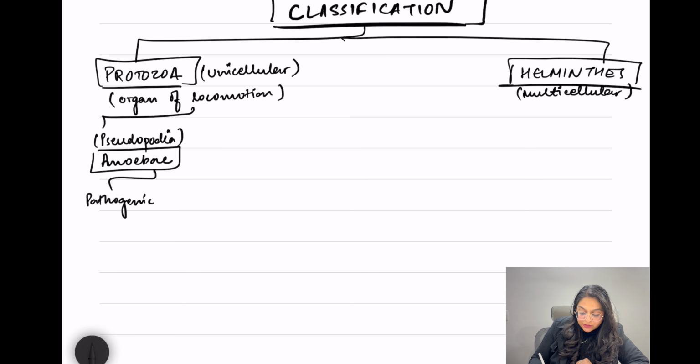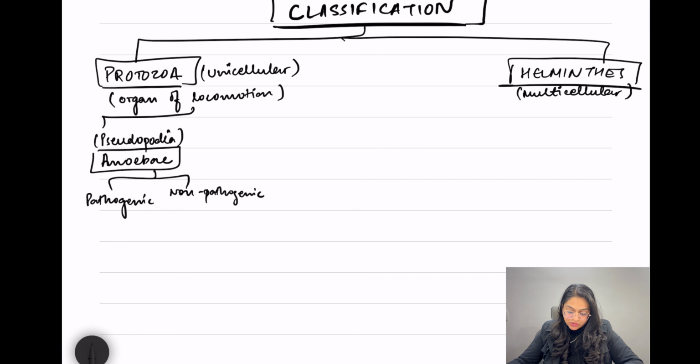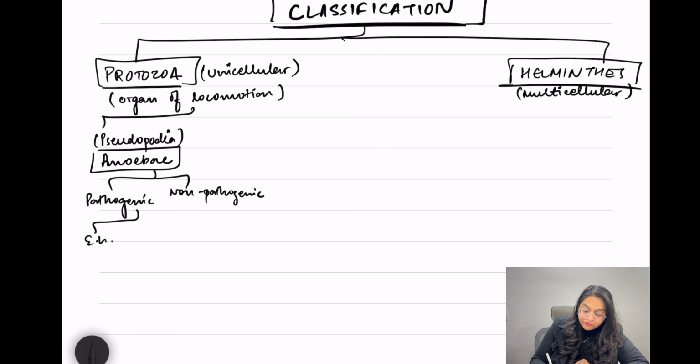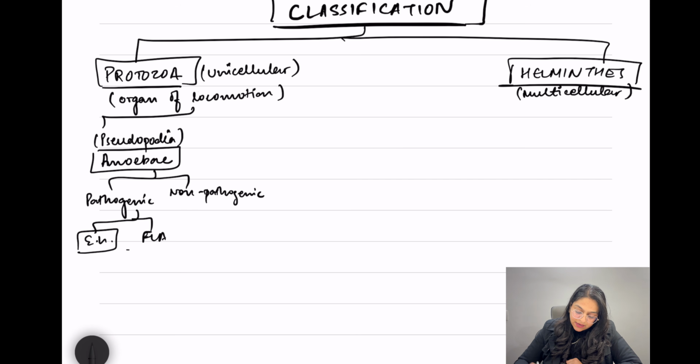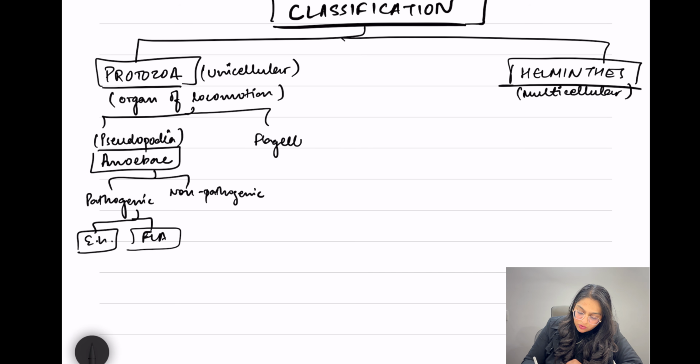They can be non-pathogenic. Like in your exams, you're asked to find out the cysts of some non-pathogenic parasites. Pathogenic can be Entamoeba histolytica. It can be your free-living amoebae like Naegleria and Acanthamoeba, right? If the locomotion is because of flagella, they are called flagellates.